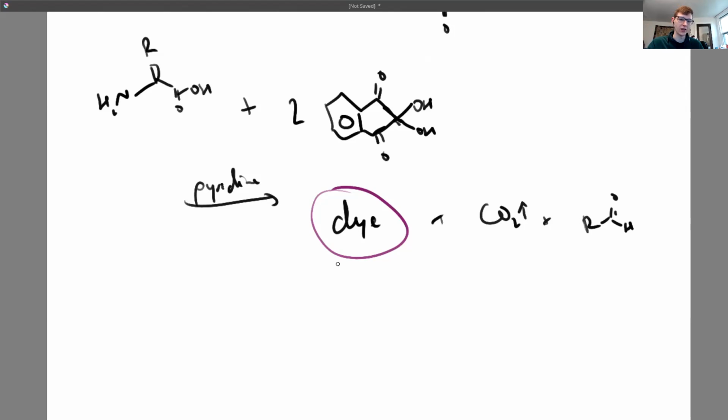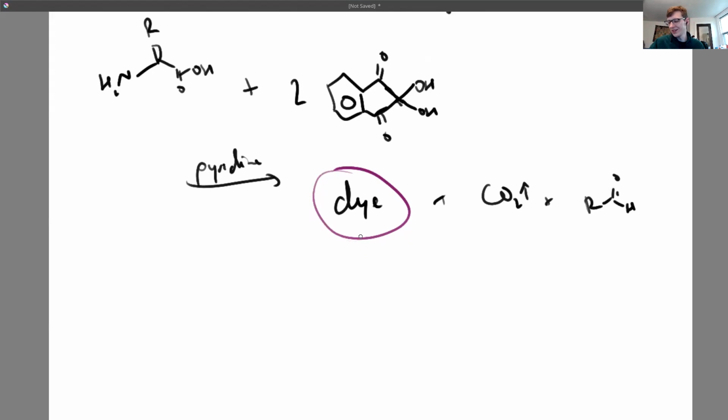So you can get a quantitative idea of what your composition of amino acids is in your protein. So this is an actual useful thing, besides just crime scenes. Yeah, this is kind of the only new reaction, but it's one that you have to memorize.